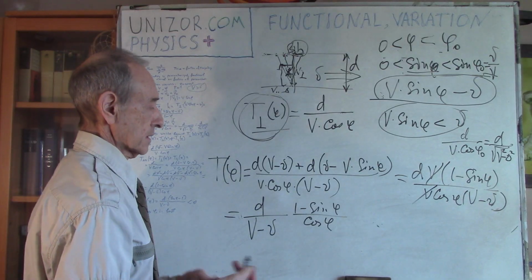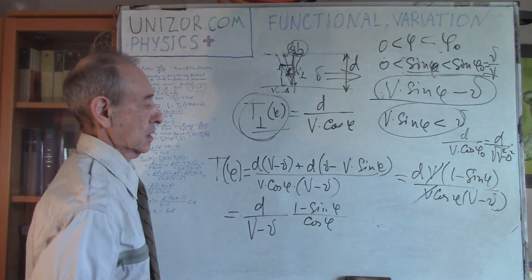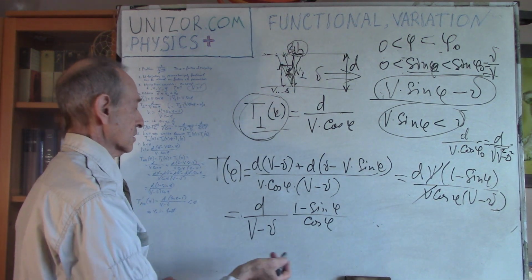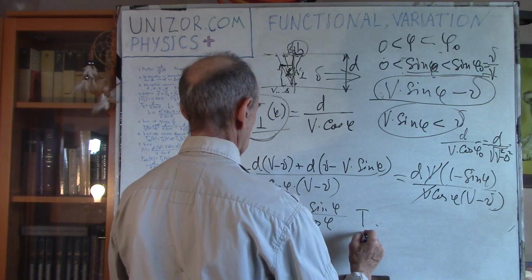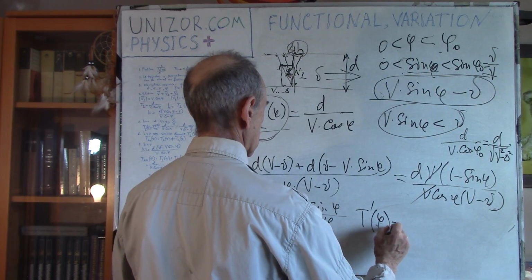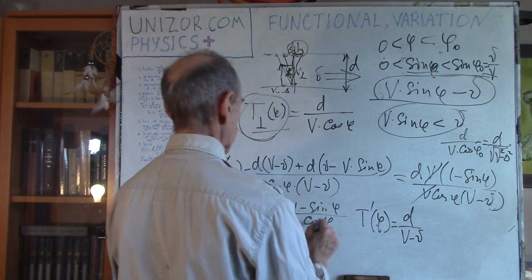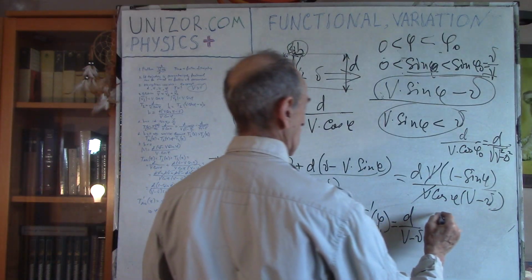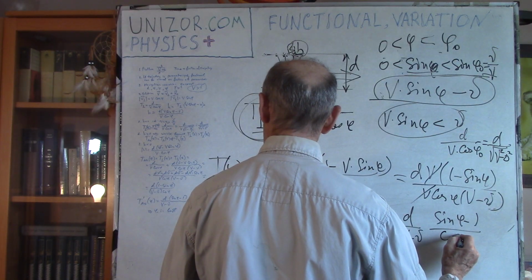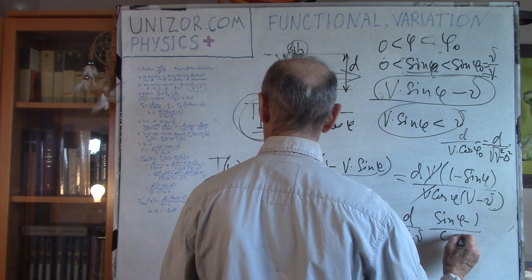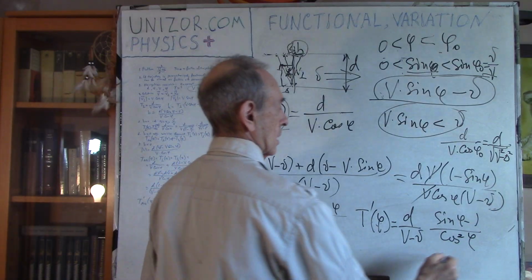So how can we find out how this function behaves? What is the minimum of this function? Well, very simply, let's just take the derivative of this. The derivative of t is equal to, well, this is a multiplier, obviously doesn't change anything, and the derivative of this is sine phi minus 1 divided by cosine square phi, which is always negative.